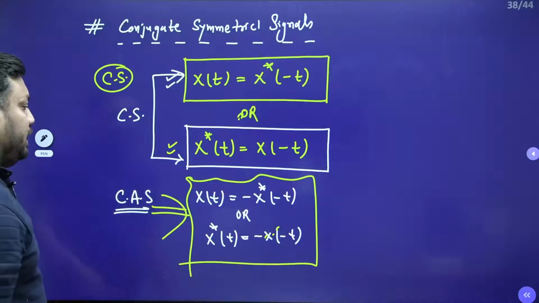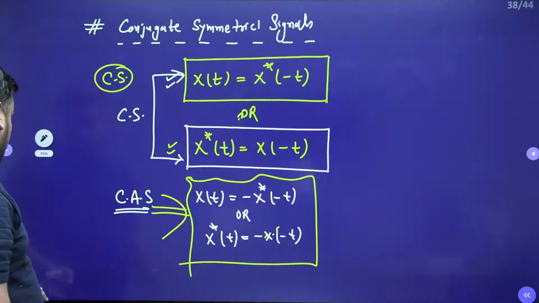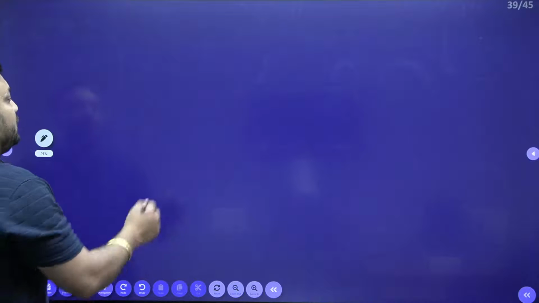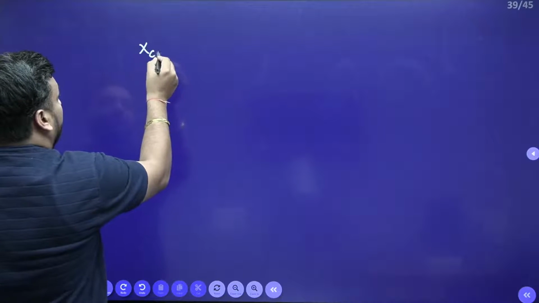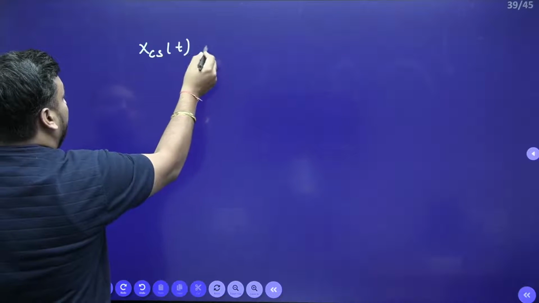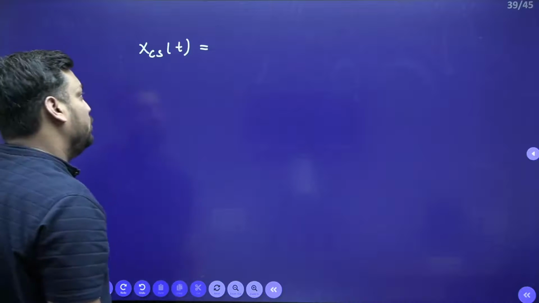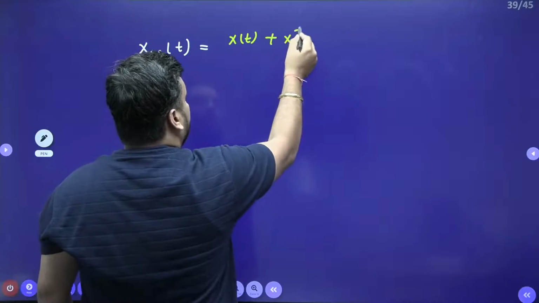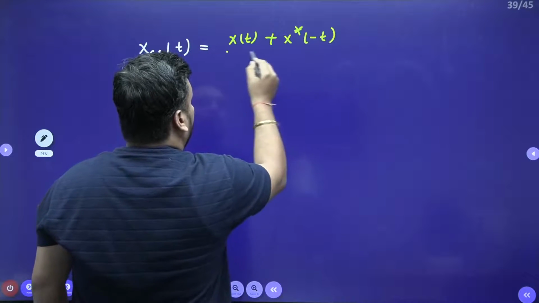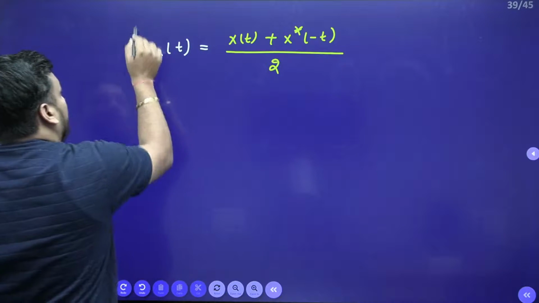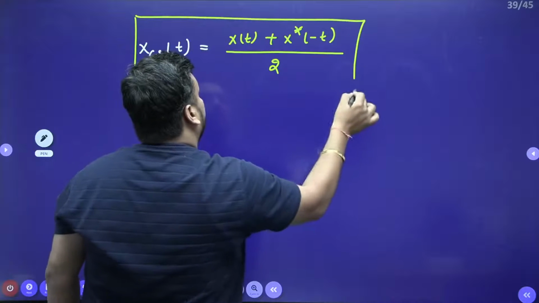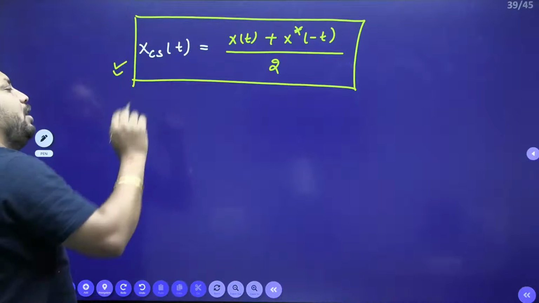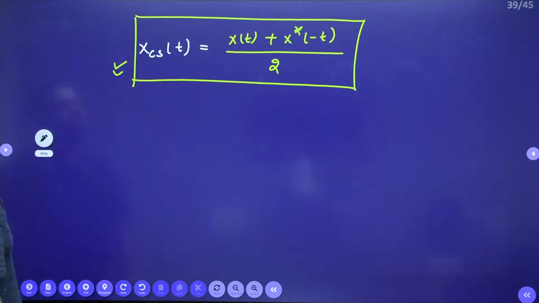So now x(t) and x conjugate of t is clear. If I am looking for the formula of the conjugate symmetric part of x(t), just like the even and odd components, it will become x(t) plus x conjugate of minus t upon 2. If you remove the star, it becomes the even signal, and if you add the star, it gives the conjugate symmetric signal.